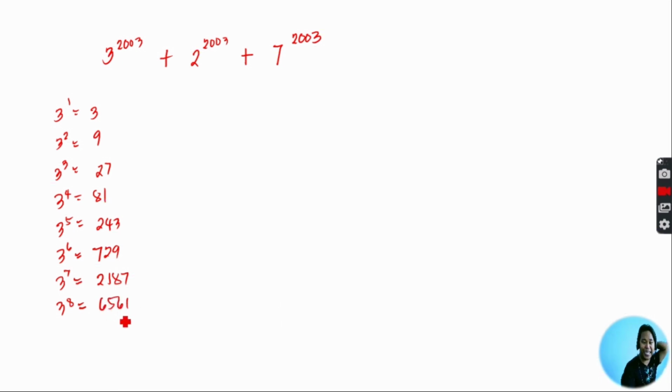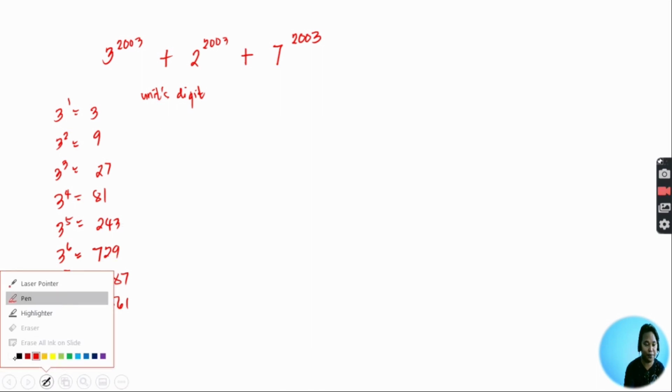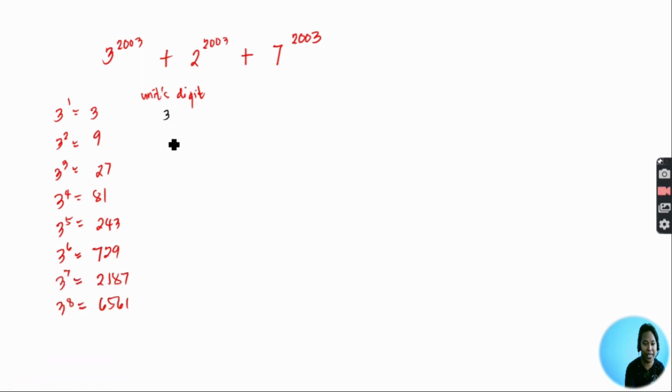6561. So, may nakikita na ba kayong pattern, guys, sa ating mga sagot from 3 raised to 1 to 3 raised to 8? Sana meron na po kayong nakita. And this is it. So, the pattern is, if we're going to look at the units digit of each value po, from 3 raised to 1 to 3 raised to 8, we have 3, 9, 7, 1, 3, 9, 7, 1.